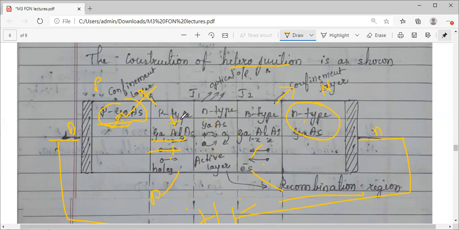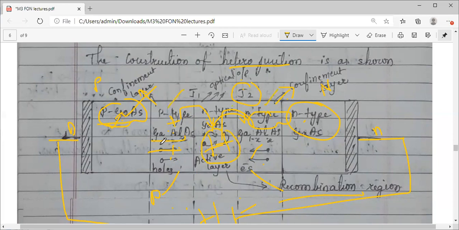Here holes are positive carriers, they will get diffused here. So positive carriers will come here. Obviously here is the negative side, so opposite charges, that is the thinking that these will further move. However, they will not move because of the barrier potential at the junction J2. So they will be retained in the active layer.